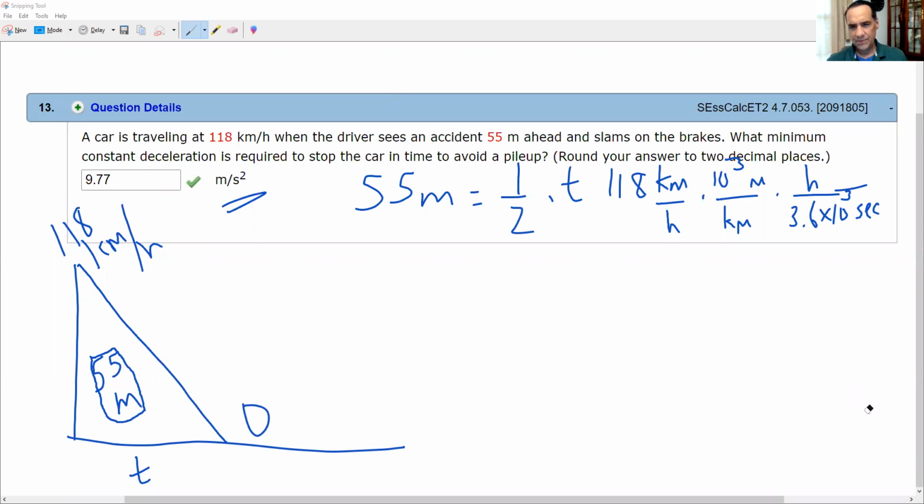All I know is that this is going to simplify down to 55 meters equals 59 over 3.6 meters per second, times t.